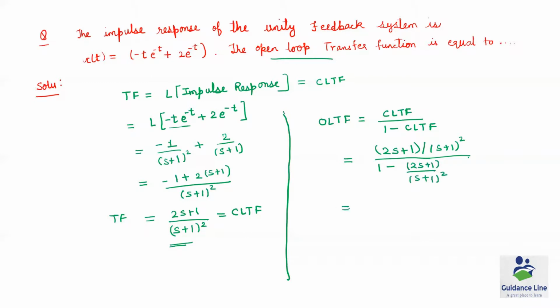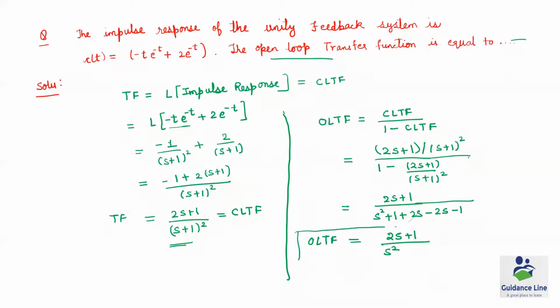If I write it in this manner, we get s^2 + 1 + 2s, and because of this minus we get minus 2s minus 1, and that gets cancelled out. So we have the open loop transfer function, which is nothing but (2s+1) divided by s^2. For this particular example, the open loop transfer function we have found to be (2s+1) divided by s^2.